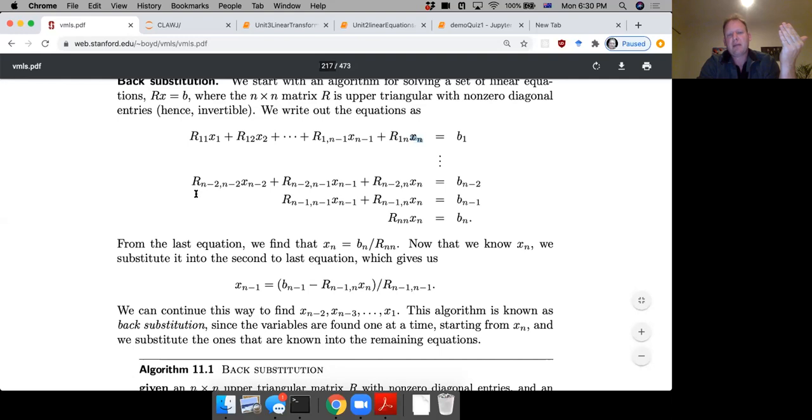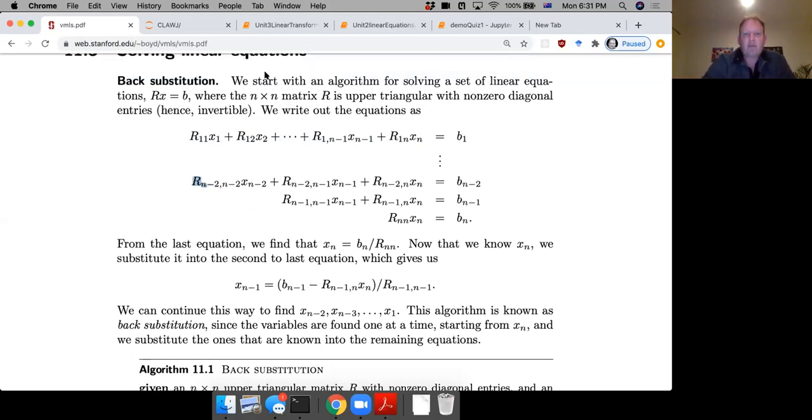The second row would be R22, etc. You see, this is a form of a matrix which is upper triangular. In this case, that's a matrix R times the vector x equals b.